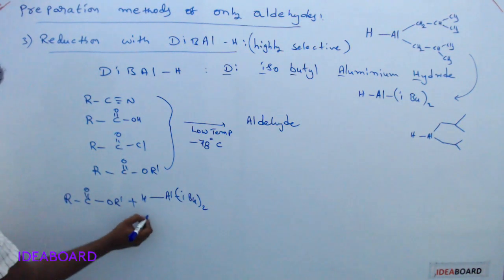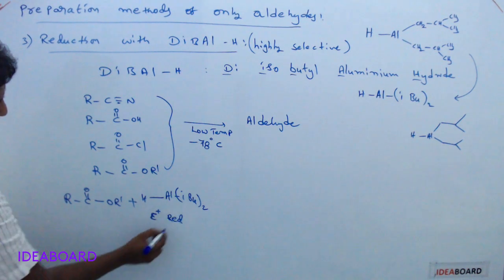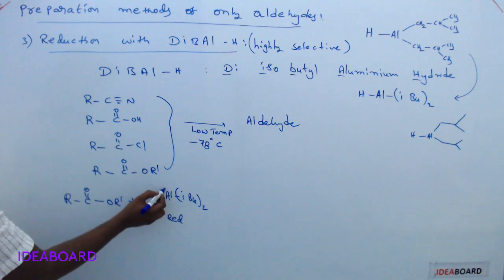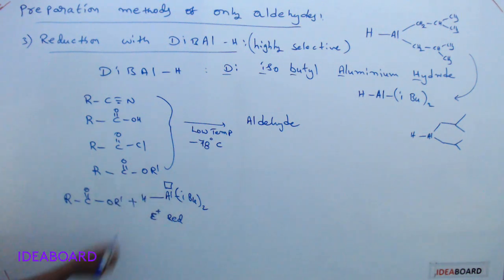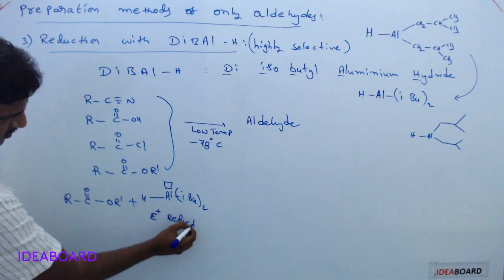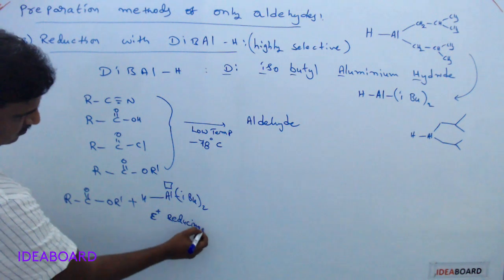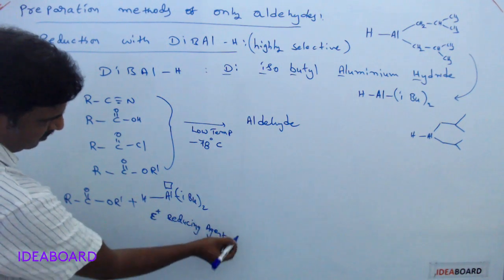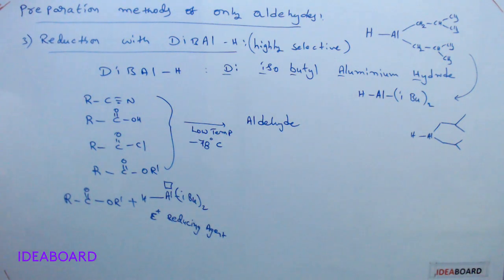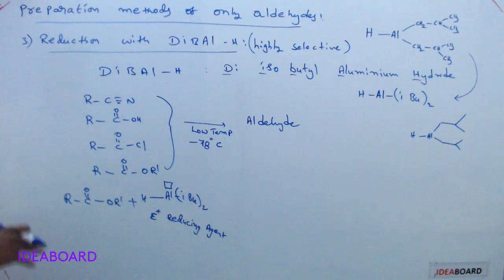It is an electrophilic reducing agent, because aluminum has a vacant orbital and Lewis acid character. Whereas sodium borohydride or lithium aluminum hydride are nucleophilic reducing agents that release H minus ion. Here also it releases H minus, but not directly.